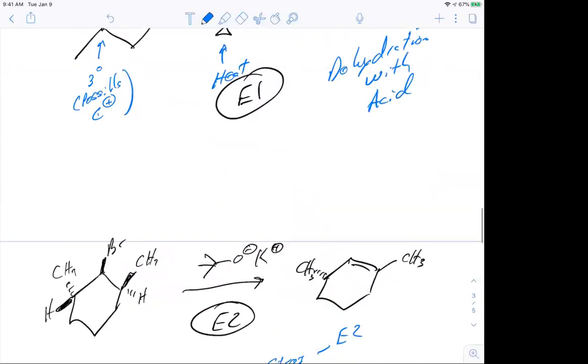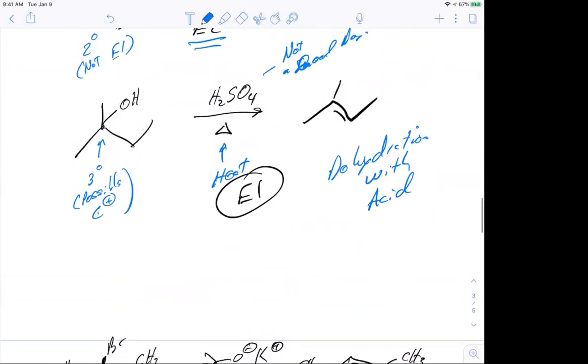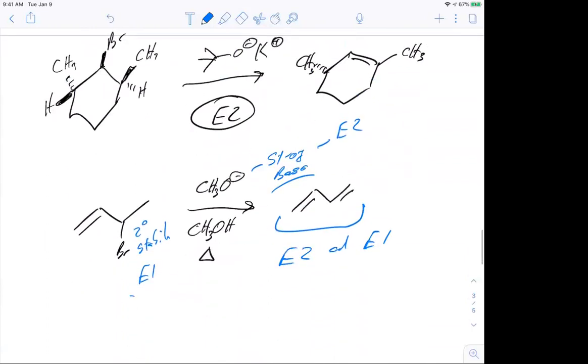The best example is the dehydration of an acid. So we often get these occurring together. And that's only a problem when the E1 product is going to be different than the E2 product.